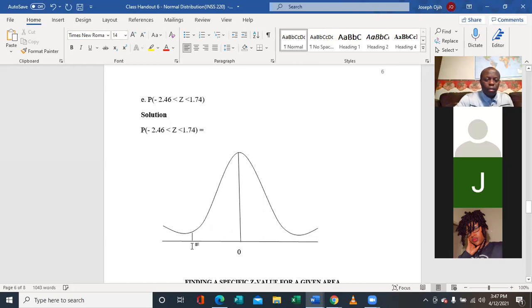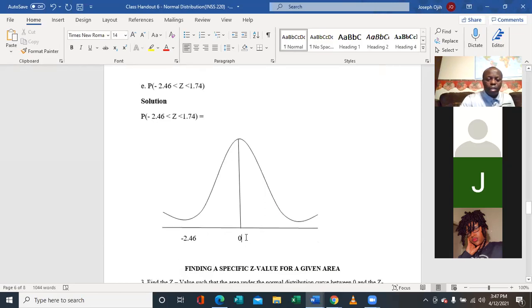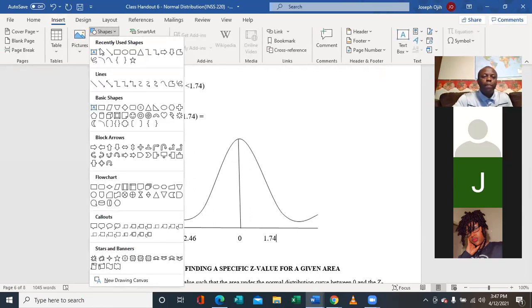Okay, let me go this way. Negative 2.46. And then to the right, you have 1.74. So we can now put the line that will represent those z values.